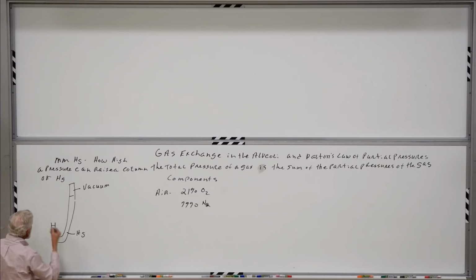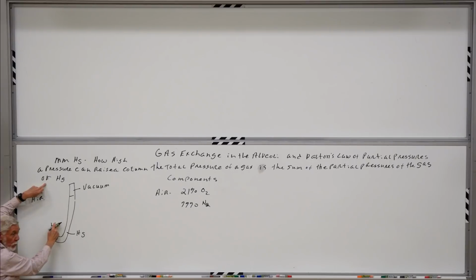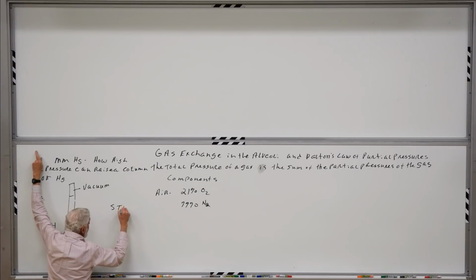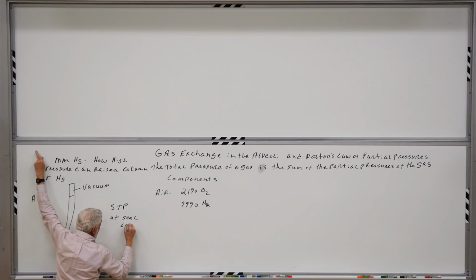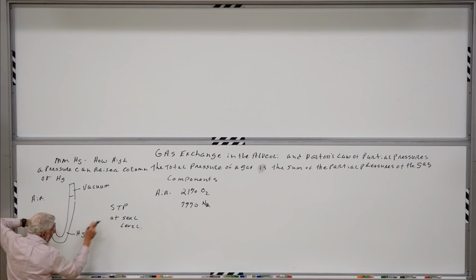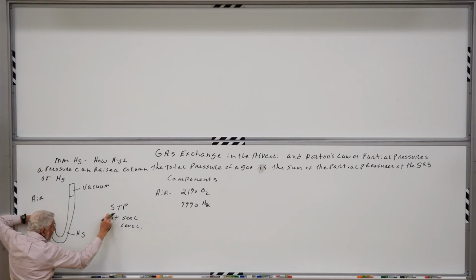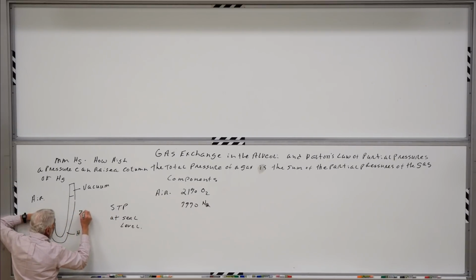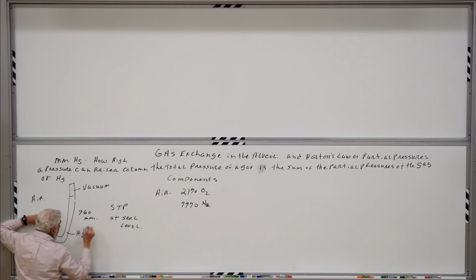So you can imagine there's air above this open tube. There's a mass of air above this open tube that goes all the way into outer space. The mass of air at standard temperature and pressure at sea level can raise this column of mercury 760 millimeters.